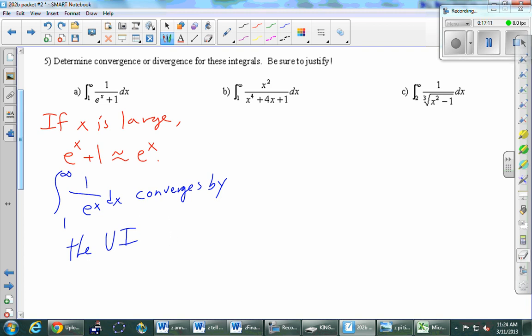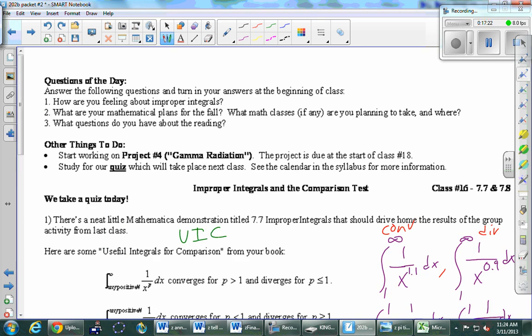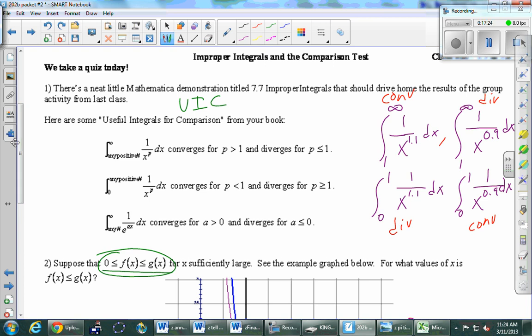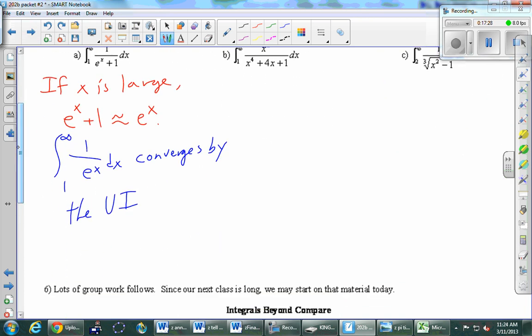We're on page 17, the page with the useful integrals. What do we call it? Useful integrals for comparison. That's it. Okay, useful integrals for comparison.